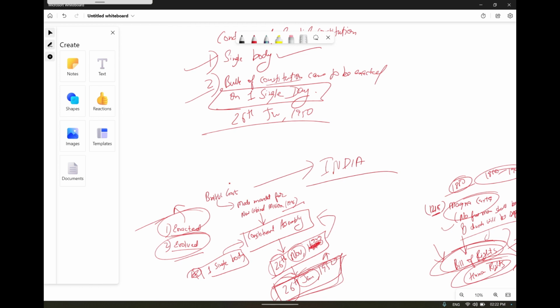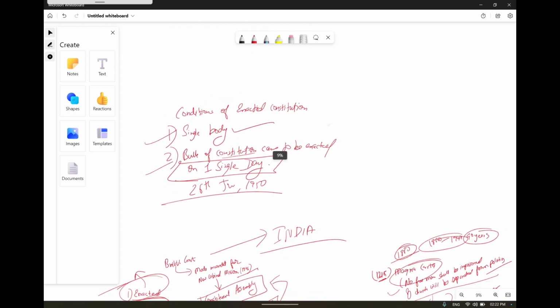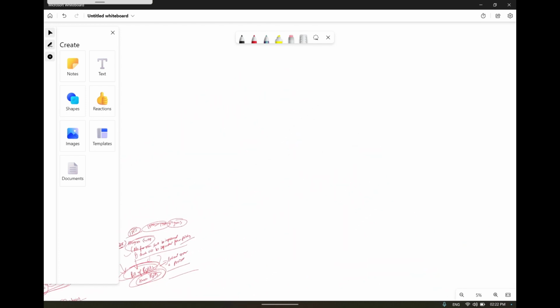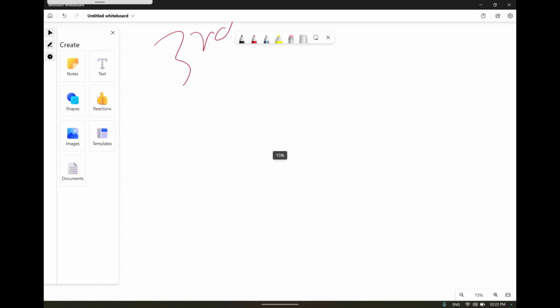So we have seen the types of constitution on the basis of two characteristics. Now we will see the types of constitution based on the third characteristic.